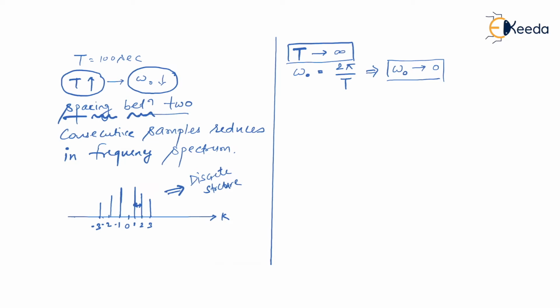They come so close to each other that you cannot differentiate between two different samples. They look as if the discrete structure does not even exist. It looks like a continuous structure. Therefore, now we'll have this kind of structure. So this is now becoming a continuous structure.